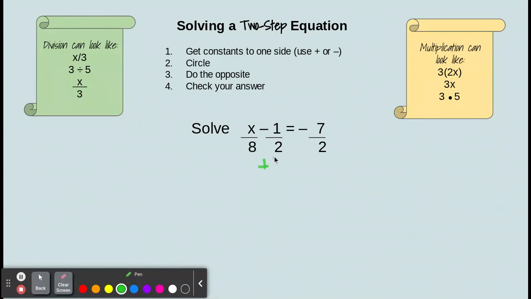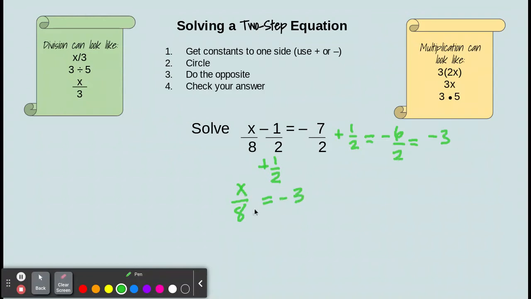So we need to add 1/2 to both sides. So then the equation becomes x over 8 equals, well, negative 7/2 plus 1/2, that's the same as negative 6/2. And negative 6/2 can be simplified to negative 3 because 2 can be divided by 2 and negative 6 can be divided by 2. Okay, and that gives us negative 3.